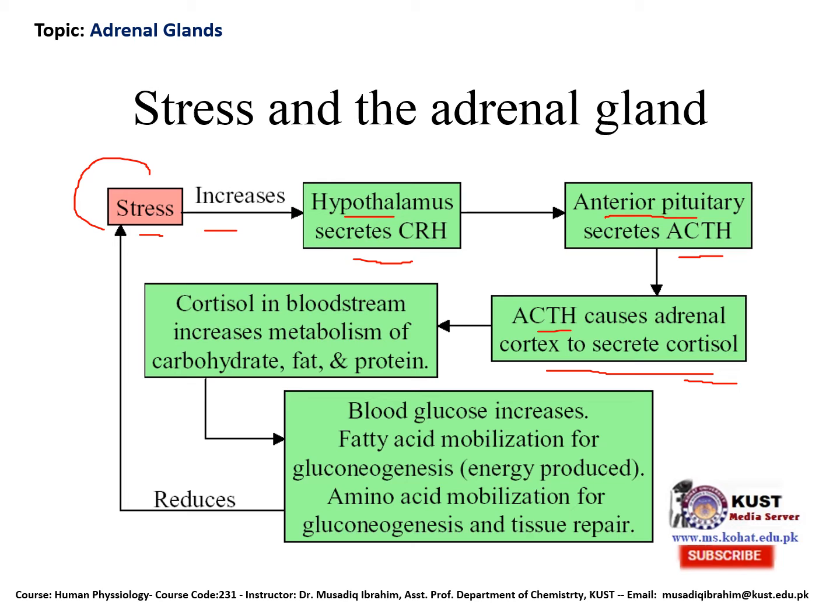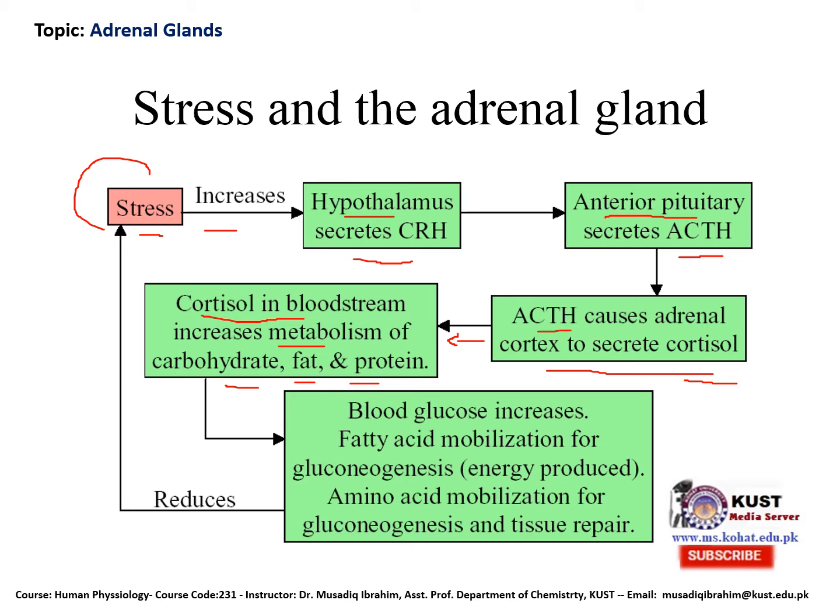Now, what the cortisol hormone does is that it reaches the bloodstream and increases the metabolic processes of carbohydrate, fat, and proteins.